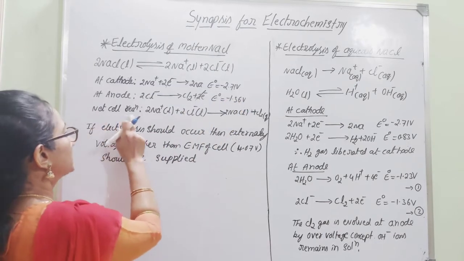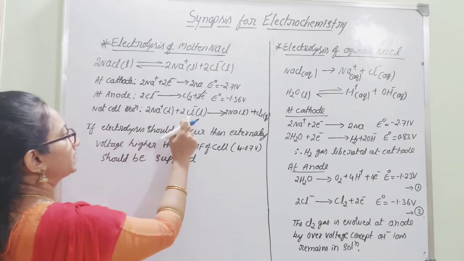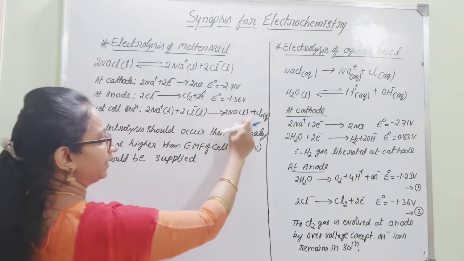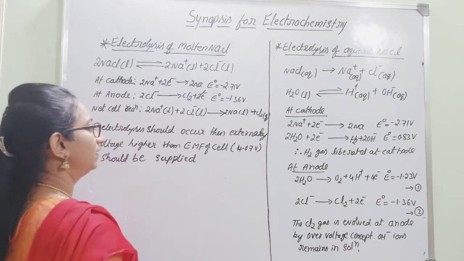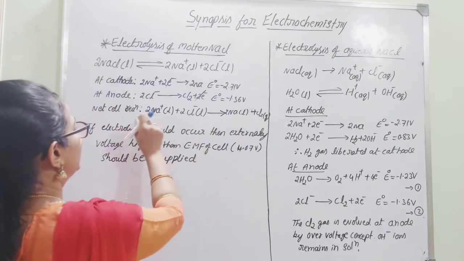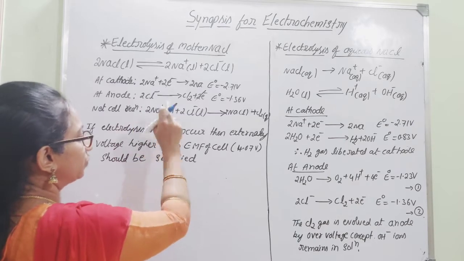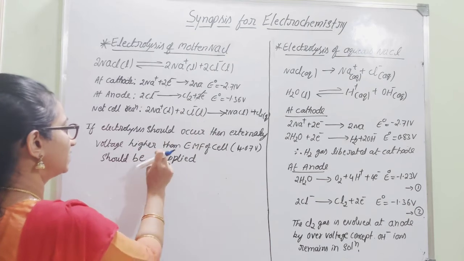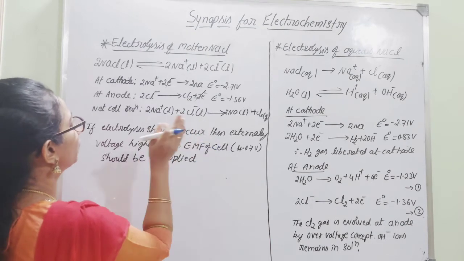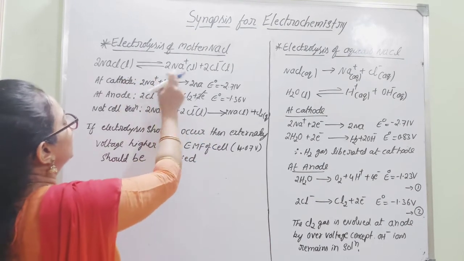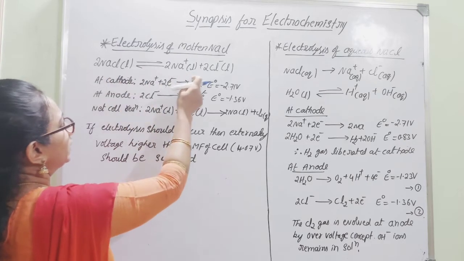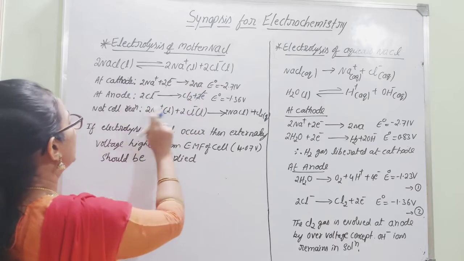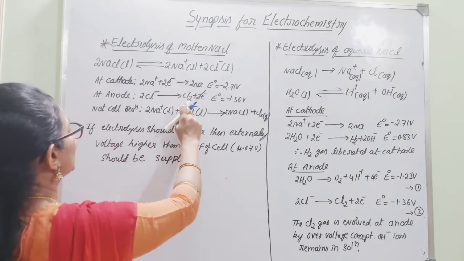Then the net cell reaction will be 2Na+ plus 2Cl- giving rise to 2NaCl... that is, 2Na liquid and Cl2 gas. If you want that reaction to occur, since it is not spontaneous, in the electrolysis process you are changing NaCl into Na+ and Cl-, and you are getting the deposition of Na at the cathode and liberation of chlorine gas at the anode.